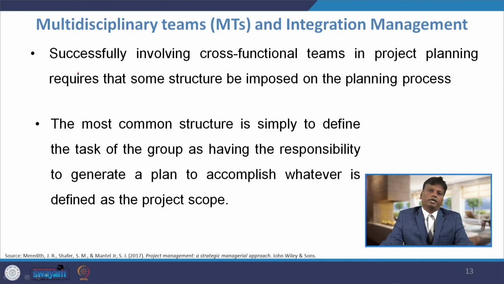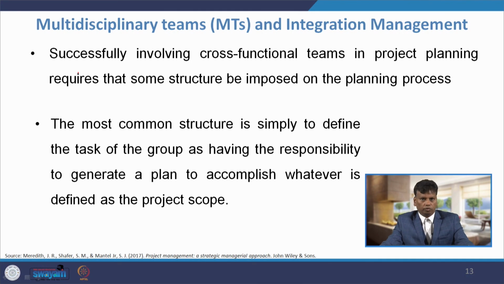Successfully involving cross functional teams in project planning requires that some structure be imposed on the planning process. That means, even at the stage of planning itself, you have to take care how to manage this multidisciplinary team. The most common structure is simply to define the task of the group as having the responsibility to generate a plan to accomplish whatever is defined as the project scope.